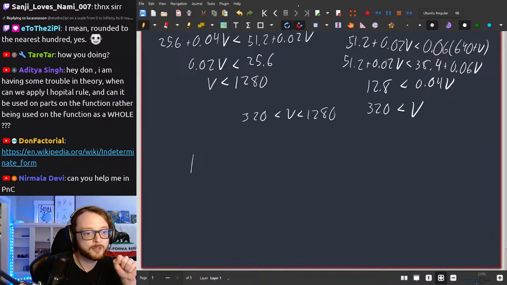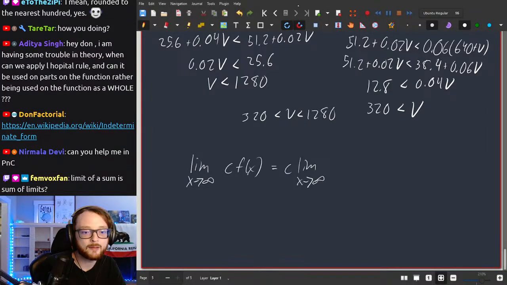So if you have the limit to infinity of some constant times f of x, and f of x fulfills L'Hopital's, you could bring that constant out in front first. The only thing that matters is whether this part here meets L'Hopital's. And yes, it's the same with sums and differences. And that question we were doing earlier, I think you were the one who asked it.